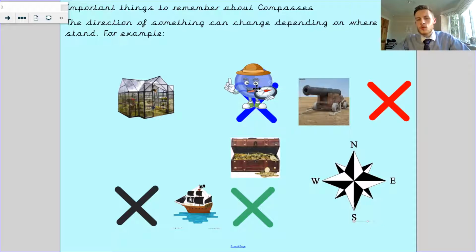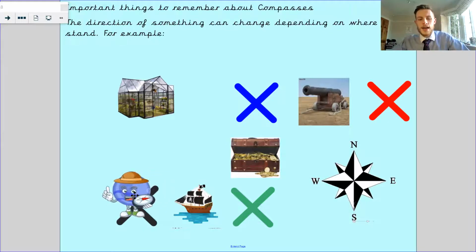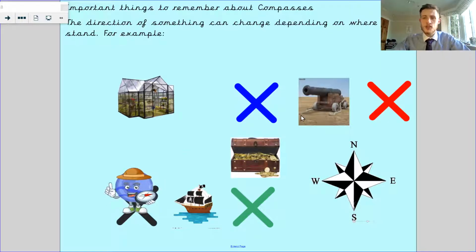If I put him on the black X, which direction is the greenhouse now? Is it still west, or is it a different direction? You're right, it's a different direction. It's now going up, but instead of saying up, what is the direction name? It's north.